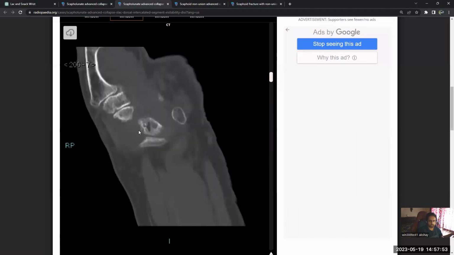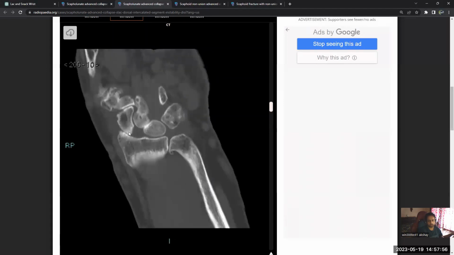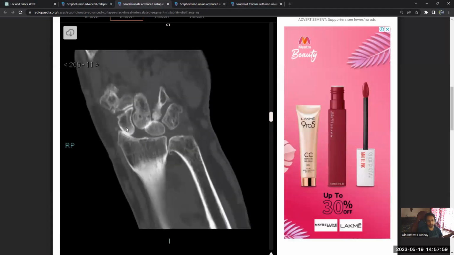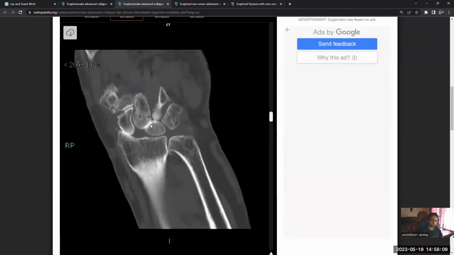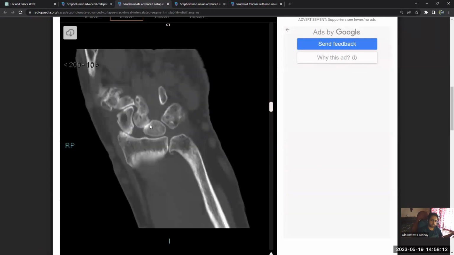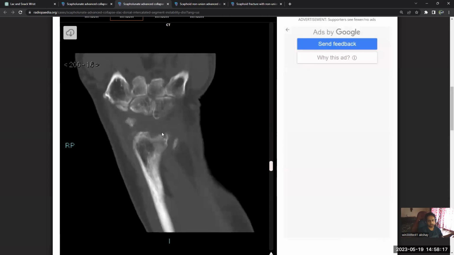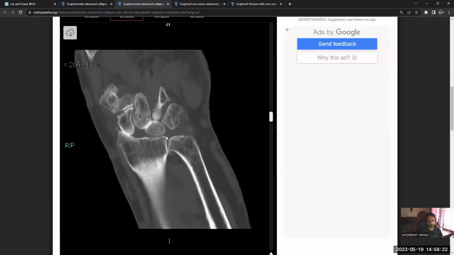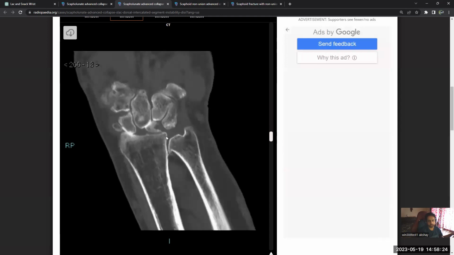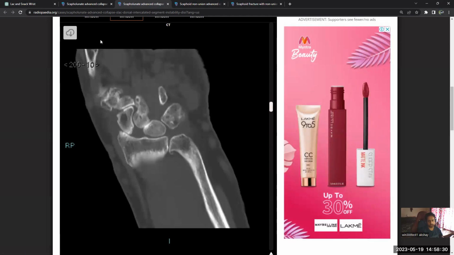You can see the sclerosis and osteoarthritic changes between the scaphoid and the radial styloid, and other osteoarthritic changes between the capitate and the lunate, and degenerative changes like osteophytes can be seen. So this is what happens in a SLAC wrist.